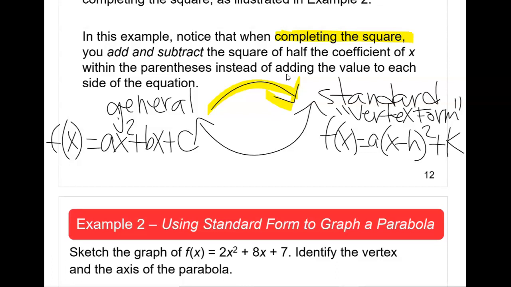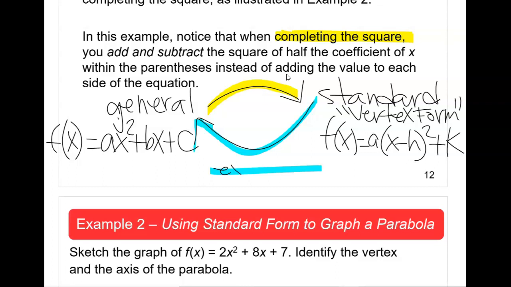And then to go from standard to general, we will expand, or in other words, we multiply. Square it, and then distribute the a, and combine like terms.